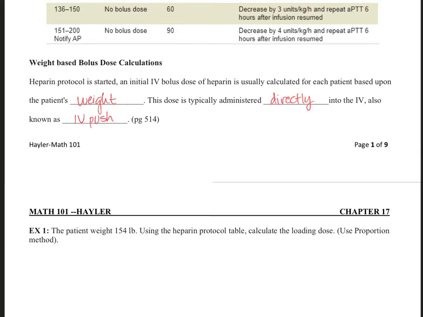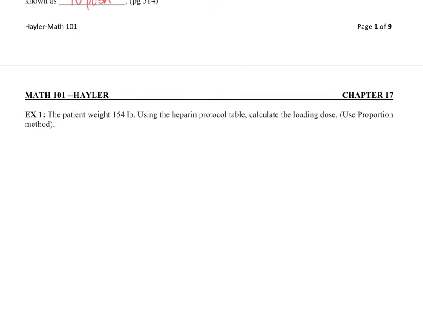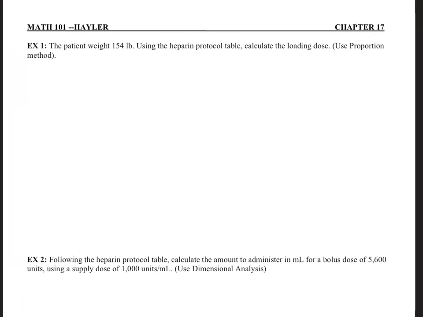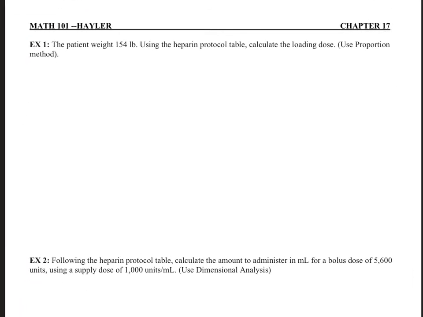Okay, so let's go ahead and look at our first example. For example 1, the patient weighs 154 pounds. Using the heparin protocol table, calculate the loading dose. Use the proportion method.